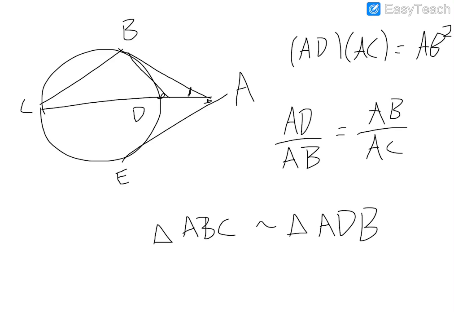Since we've already established that this angle here is the same, to prove that the triangles are similar we need to prove that this angle is also equal to this angle. To do that, first let's go with angle BCD. Since this is an inscribed angle within a circle, angle BCD is equal to the length of arc BD divided by 2, assuming the angle is in radians.